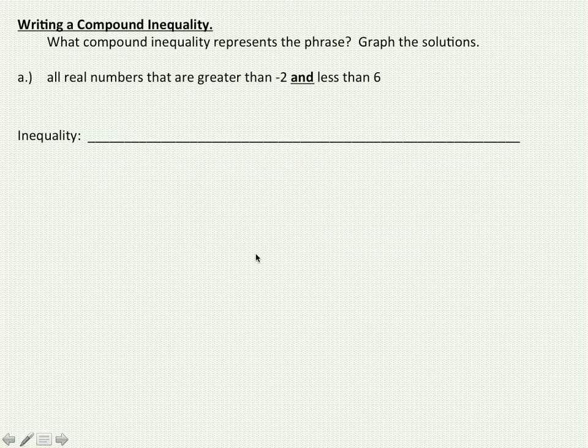Alright, so now I got to write some inequalities. Real numbers that are greater than -2 and less than 6. Greater than -2, that's easy, and less than 6. So I need numbers greater than -2 and also less than 6. With and graphs or and inequalities, we like to write them as one piece.